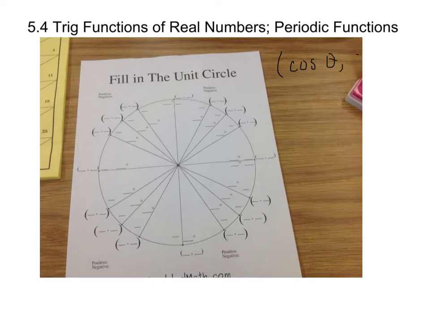The y-coordinates are always sine of theta. And to find tangent of theta, remember we do y over x, or sine over cosine.